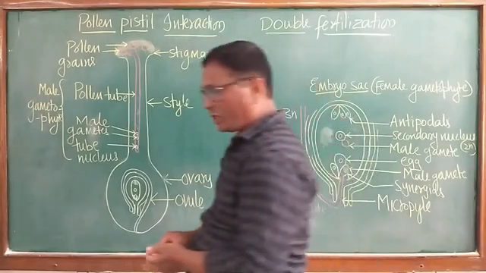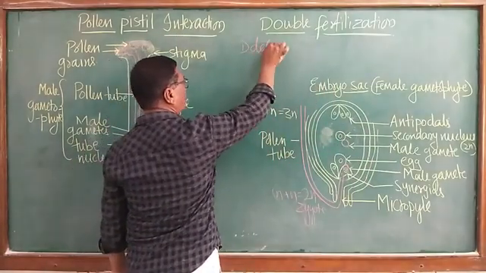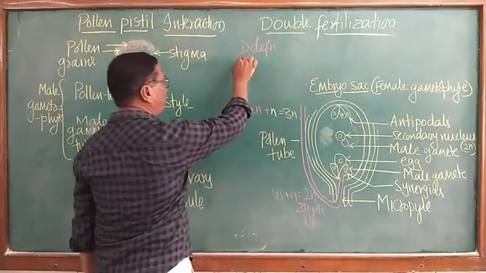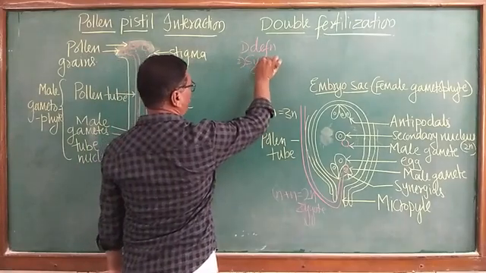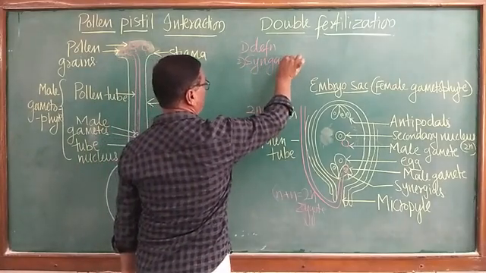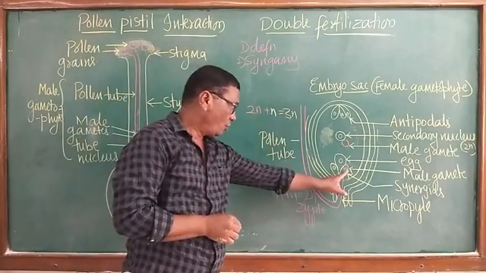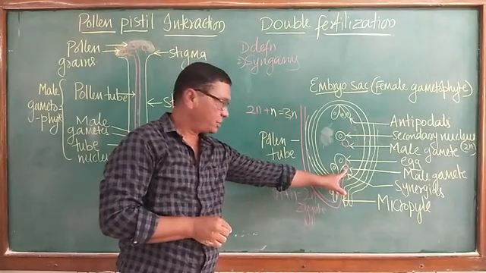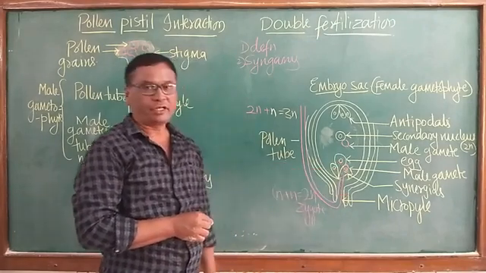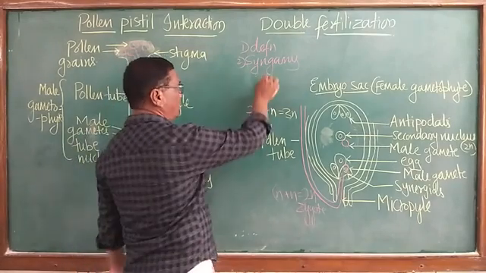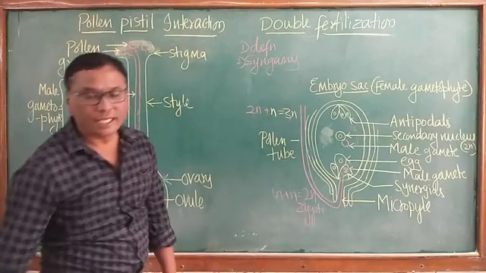The first thing to study in double fertilization is the definition. Second, the word syngamy is important. What is syngamy? The fusion of the first male gamete with the female gamete to form the diploid zygote is known as syngamy.